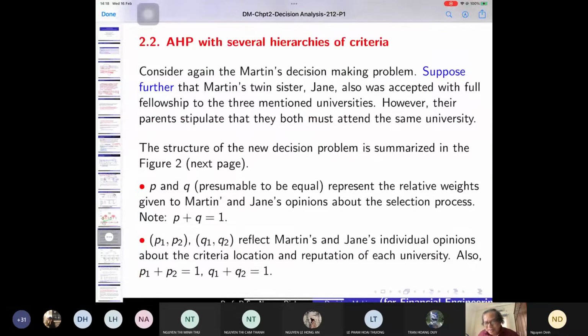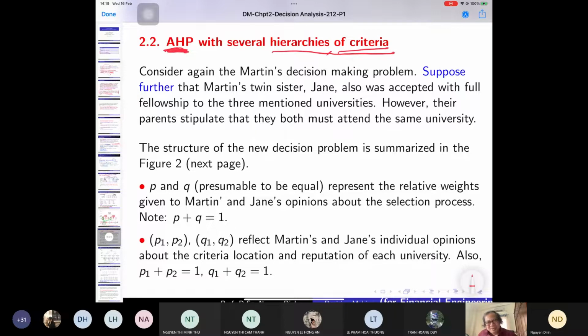But the situation sometimes is not simple like this. We also have analytic hierarchy AHP with several hierarchies, criteria. The first example there just only had Martin.